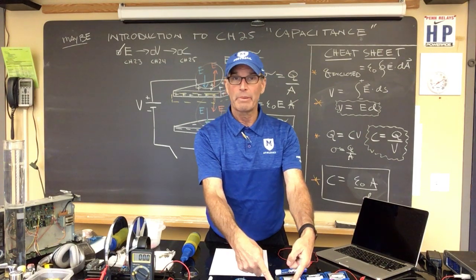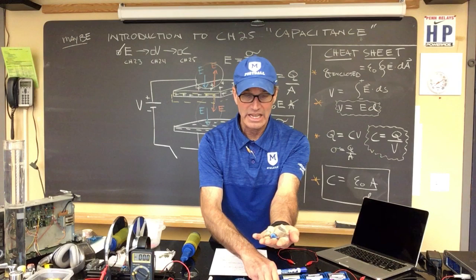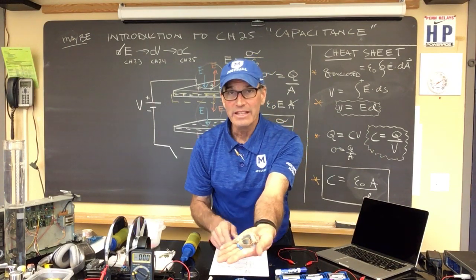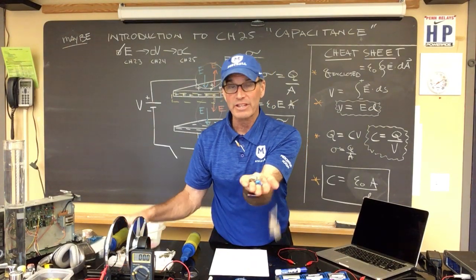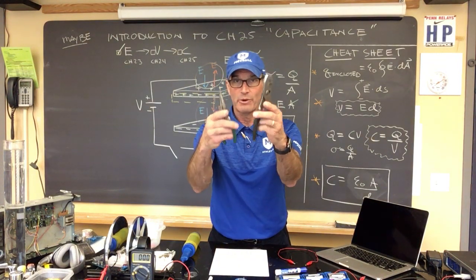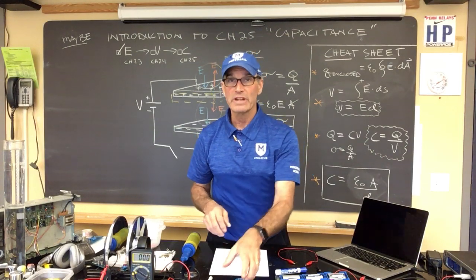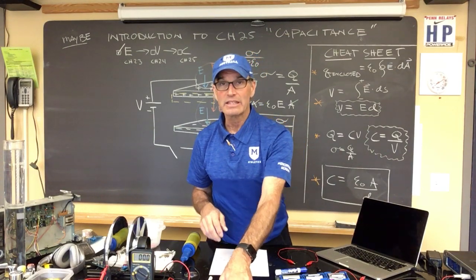I'm pointing to a pile of debris on this table, and I'll just put it in my hand and hold it out. That's that 330 microfarad capacitor disassembled. I tore it apart with this pair of pliers just so you can see what's inside. Drove my parents crazy. I like to take things apart.